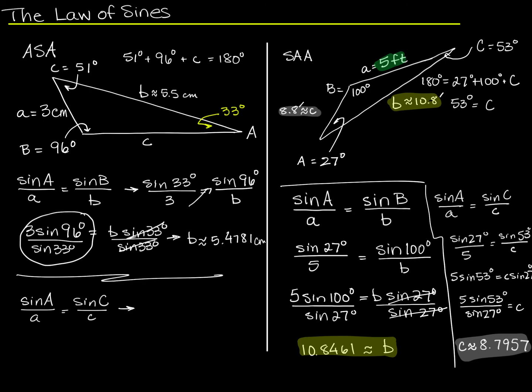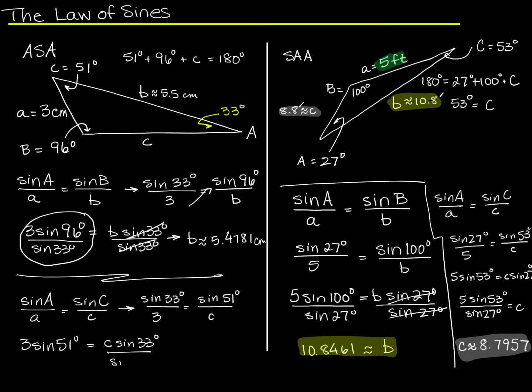This gives me the sine of A, which was 33. The sine of 33 over 3 is equal to the sine of 51 over C, that's the one I don't know. Cross multiplying, I get 3 times the sine of 51 is equal to C times the sine of 33.